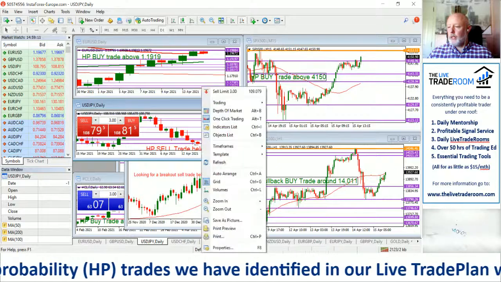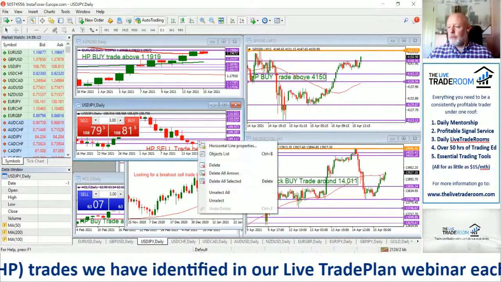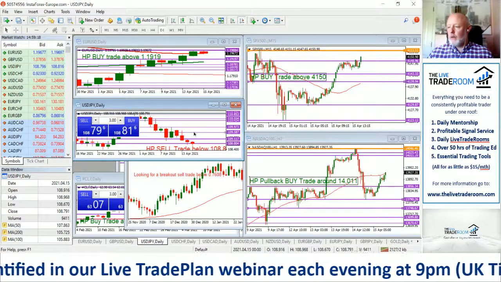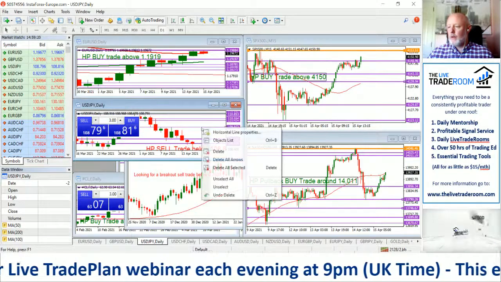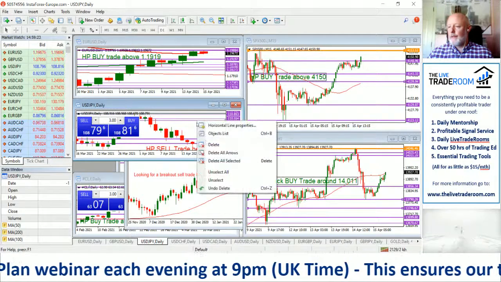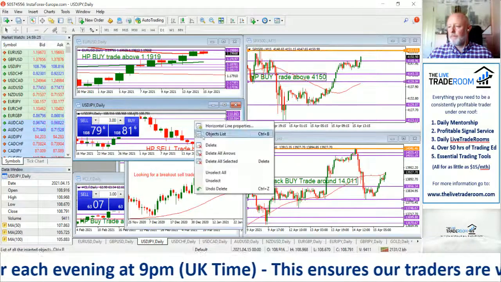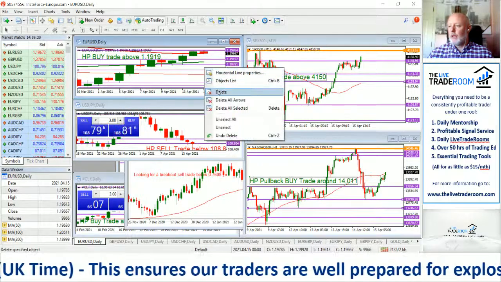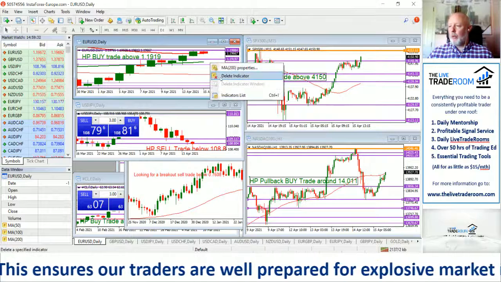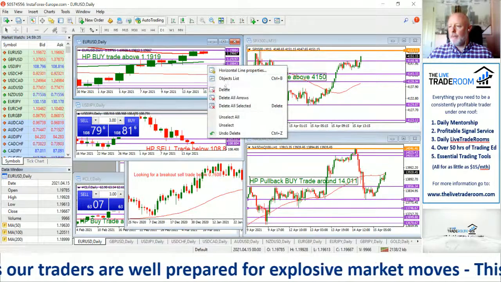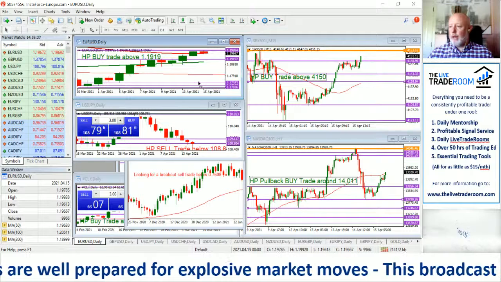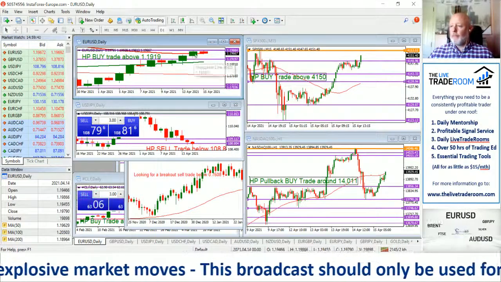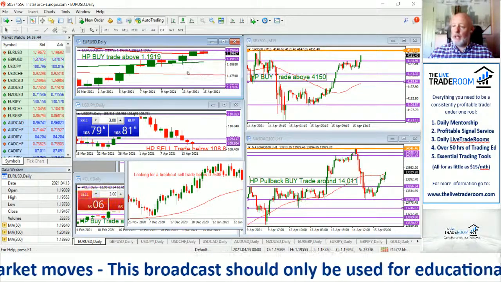What I will do is get rid of a few of these, because all these purple levels are just intraday levels, so they don't have any major importance as far as the monthly or daily time frames are concerned.